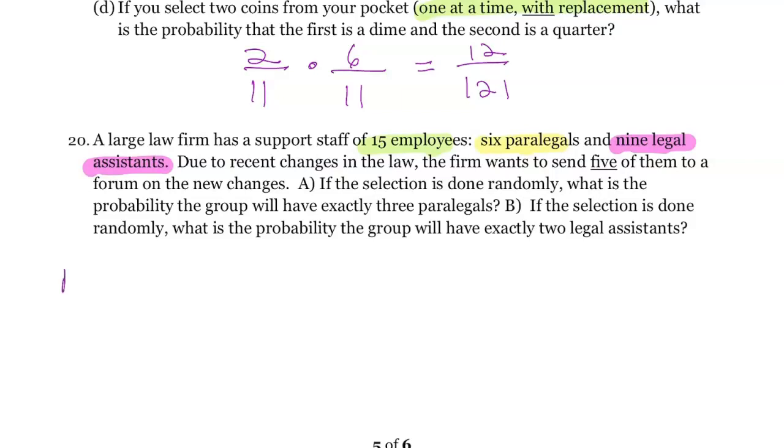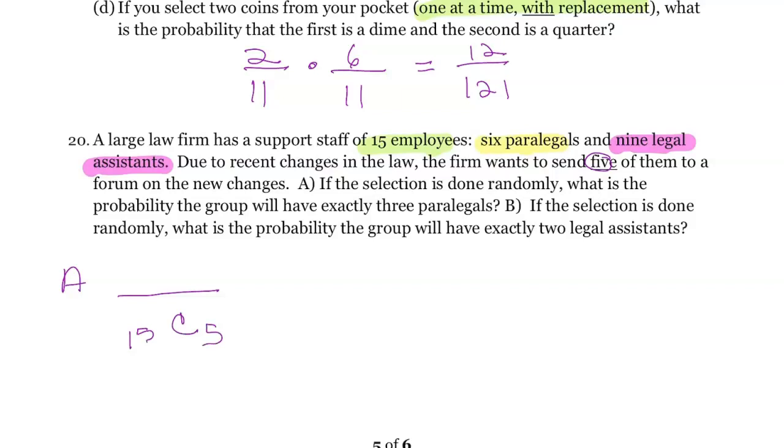Okay, so then A. If the selection is done randomly, what is the probability the group will have exactly 3 paralegals? Okay, they're going to select how many? 5. Okay, so I know that it's going to be 15 choose 5 for the denominator. This is a probability problem.